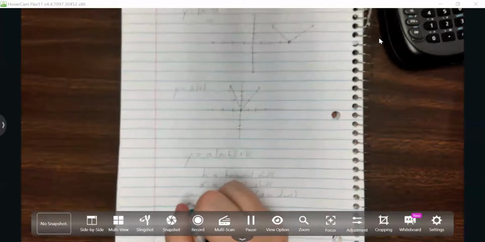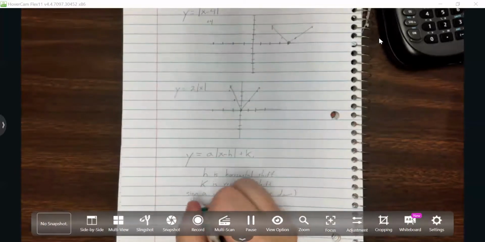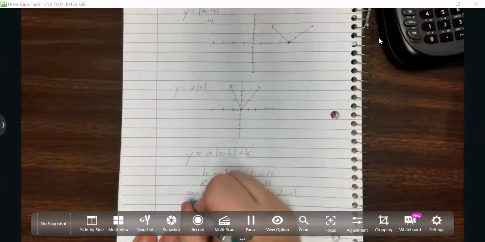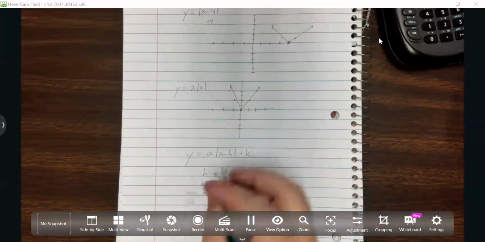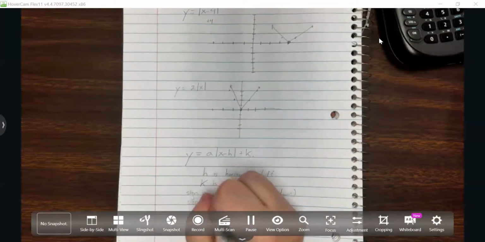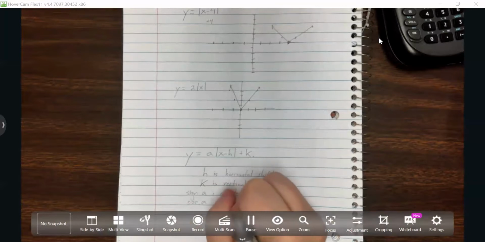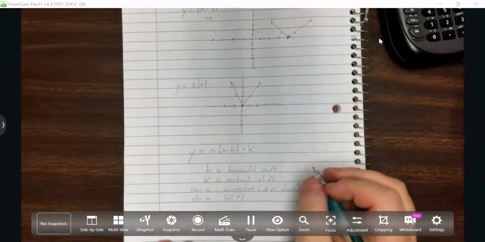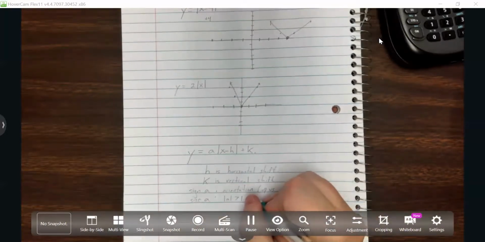The size of A tells us if we're making it fatter or skinnier. In particular, if we look at that A value and it's greater than 1, then that says that we're going to go up faster. So the graph gets skinnier.